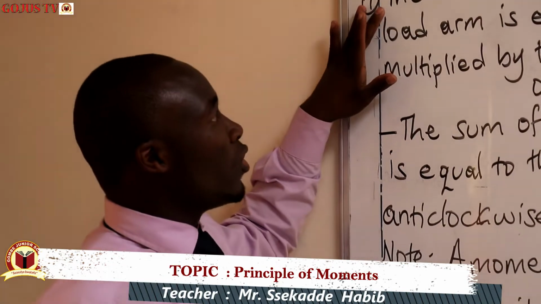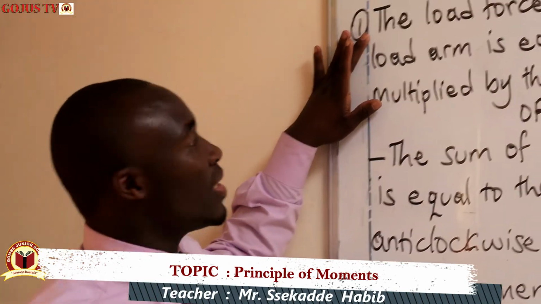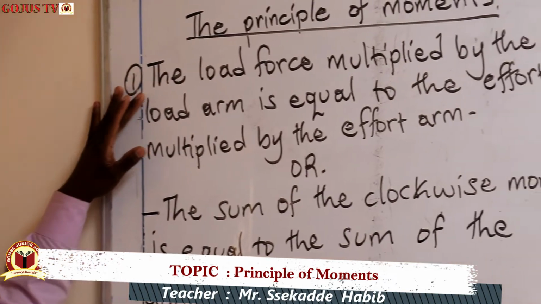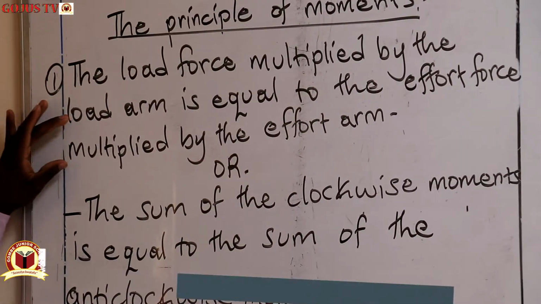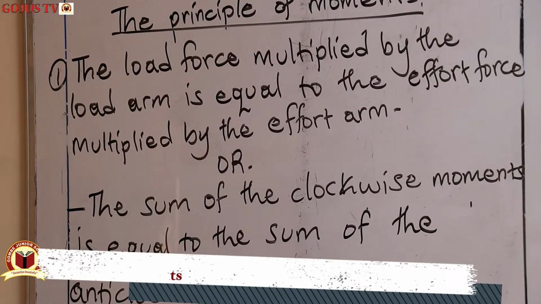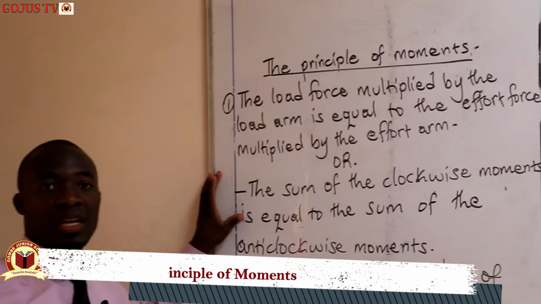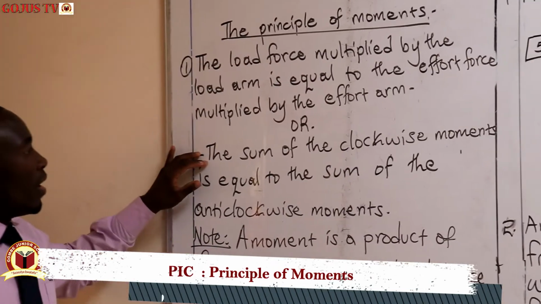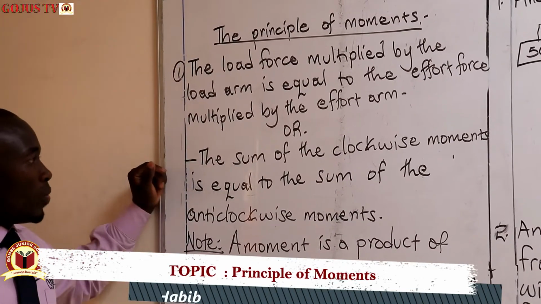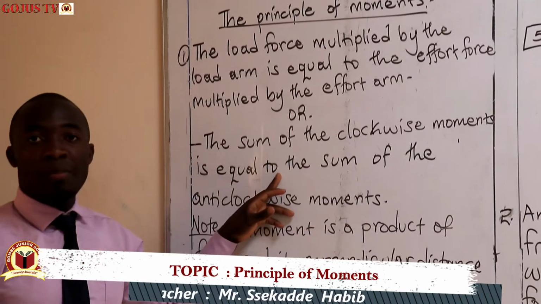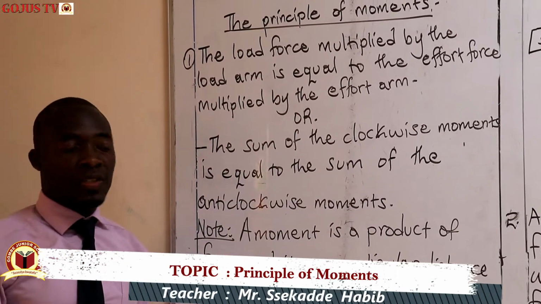The first one states that the load force multiplied by the load arm is equal to the effort force multiplied by the effort arm. Alternatively, we can state it like this: the sum of the clockwise moments is equal to the sum of the anti-clockwise moments.